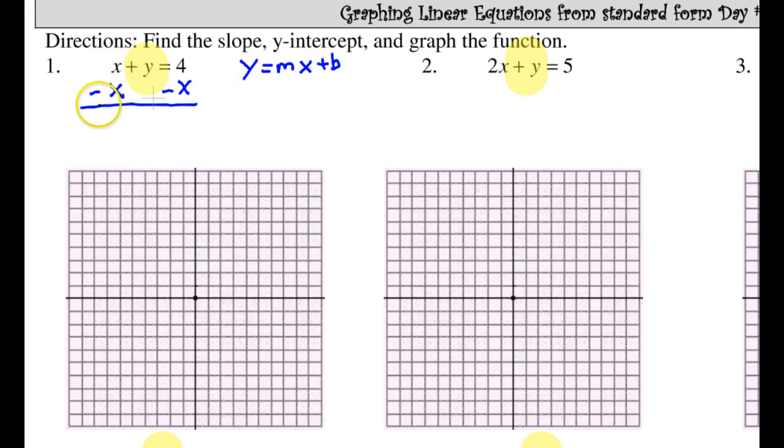If the slope is on the left side next to the y, we really want to put it on the right-hand side. So positive x minus x cancels it out. Just bring down anything that does not cancel. So we have y equals, and then put the slope right after the equal sign, negative x plus 4.